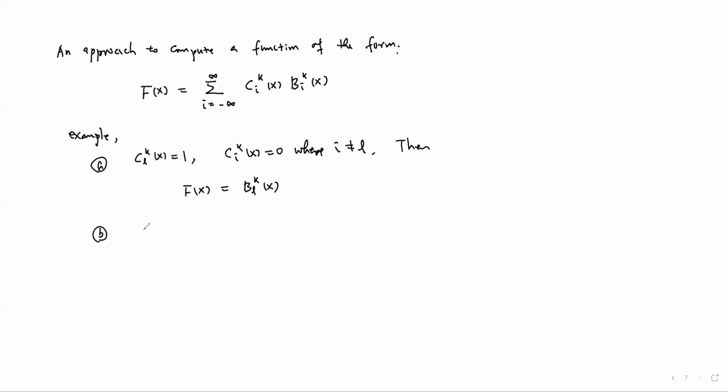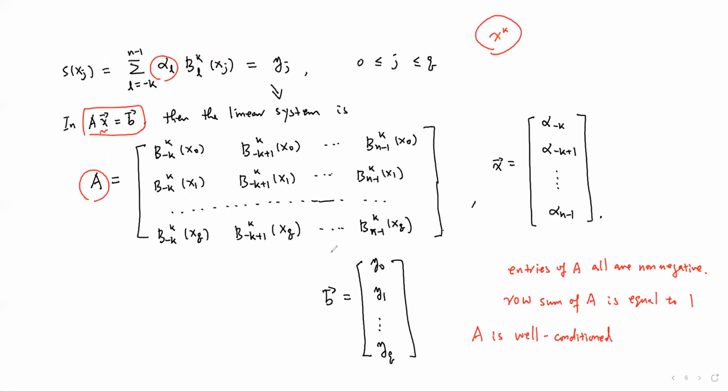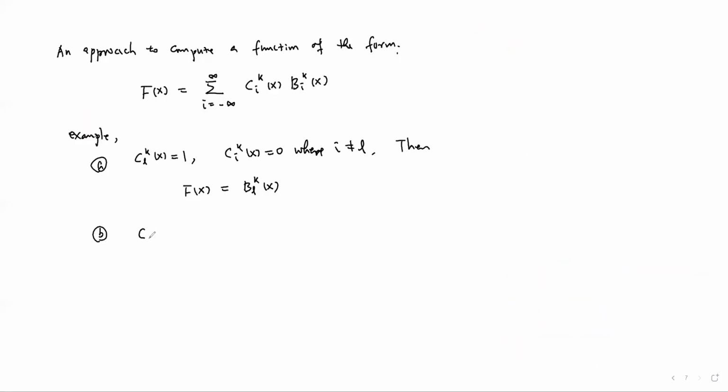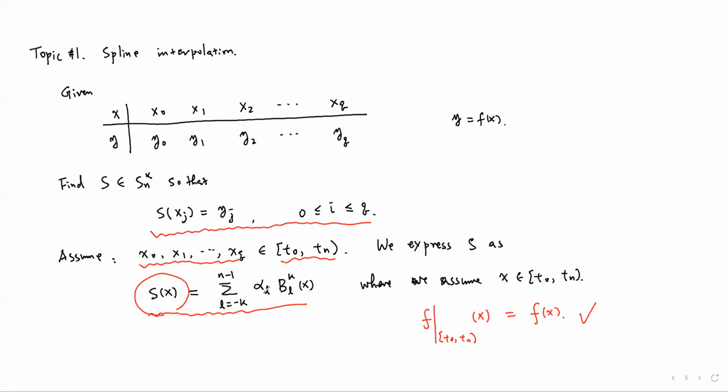Also, this is an example. If I specify C negative K, this coefficient is equal to alpha negative K, C negative K plus 1 is alpha negative K plus 1, and so on. How about the last L? The last L is n minus 1.